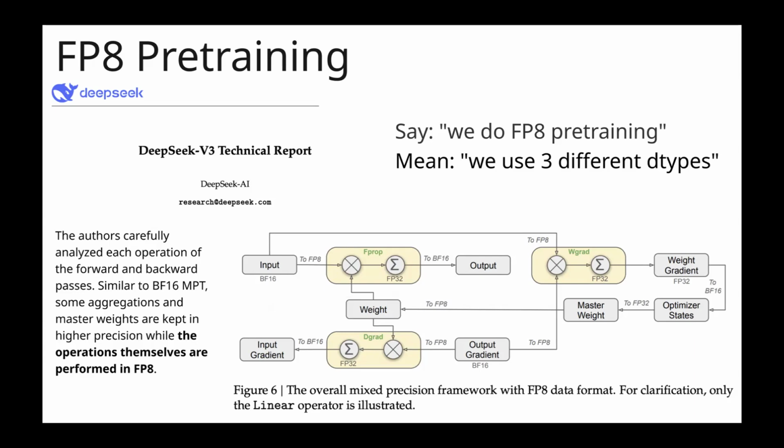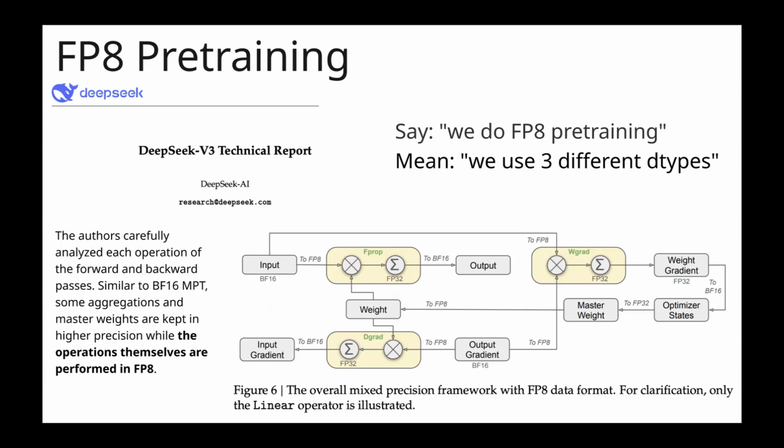And this was all possible because of how the Hopper chips were designed, the NVIDIA H100 and the H800s that DeepSeek has used. They support FP8 natively. The flops, the number of operations that the GPUs were able to perform in FP8 is significantly higher than in full or half precision.